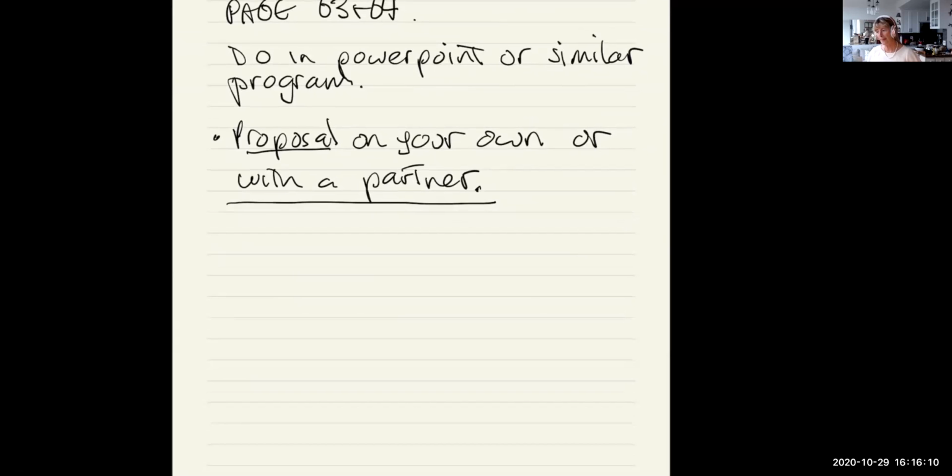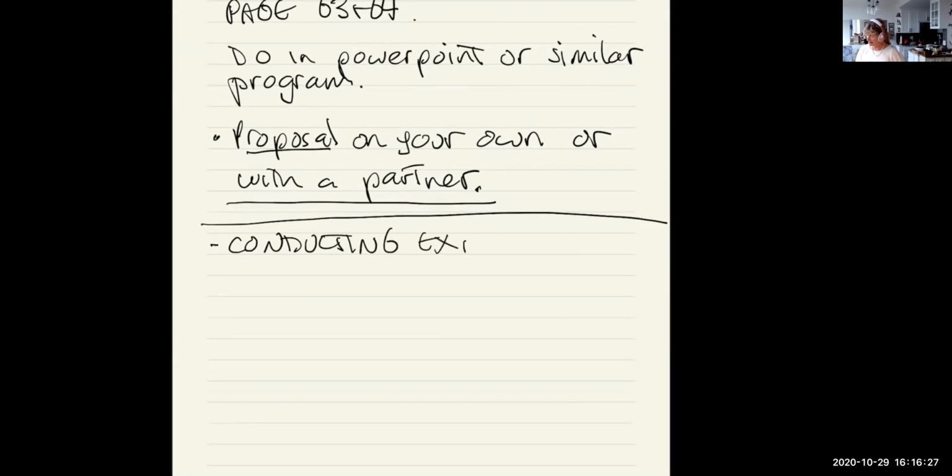So, how to collect your data? Conducting the experiment. Since we're in this pandemic situation and you won't be able to work closely together, you'll have to decide which individual does which part of the experiment.